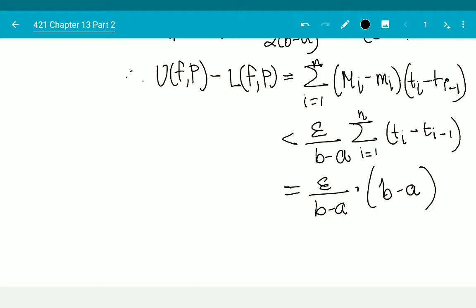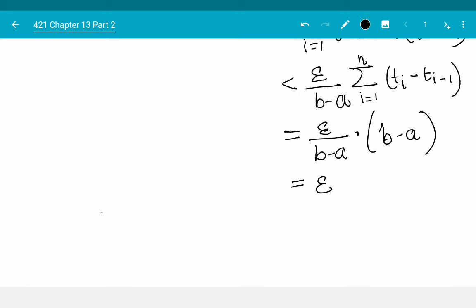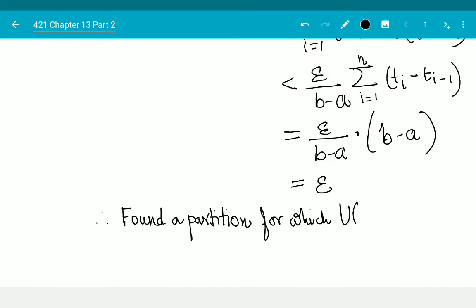So this is b minus a, which gives epsilon. Therefore, I found a partition for which U of f comma P minus L of f comma P is smaller than epsilon. Therefore, it is integrable.